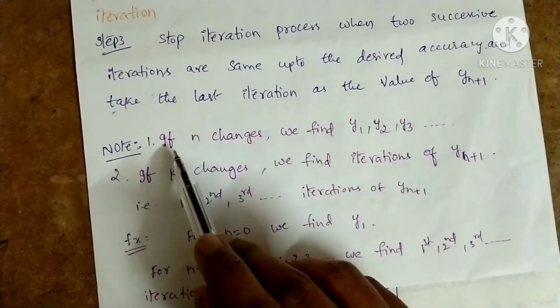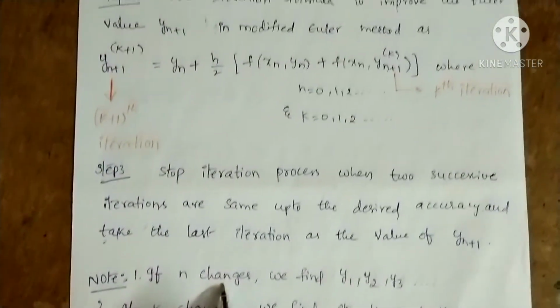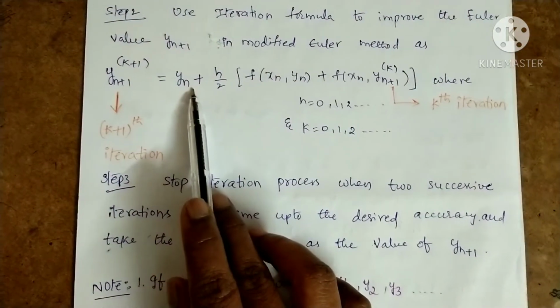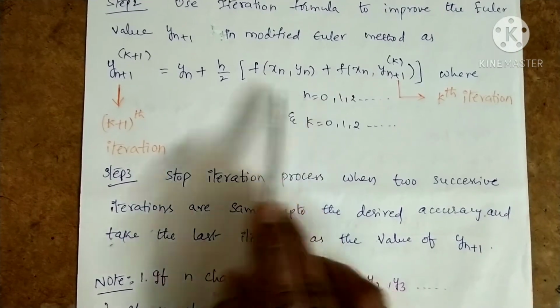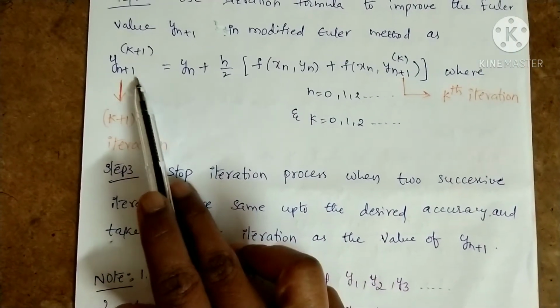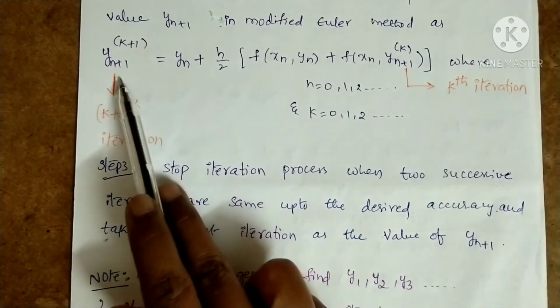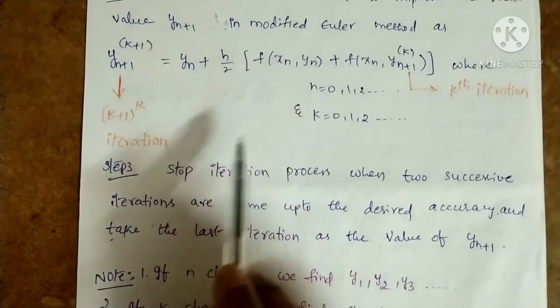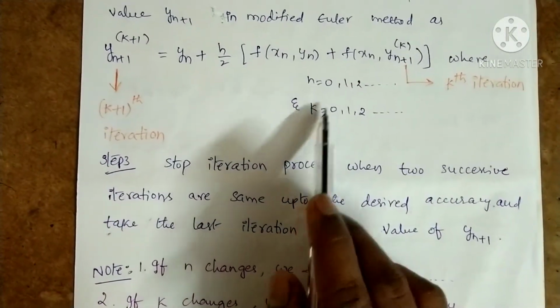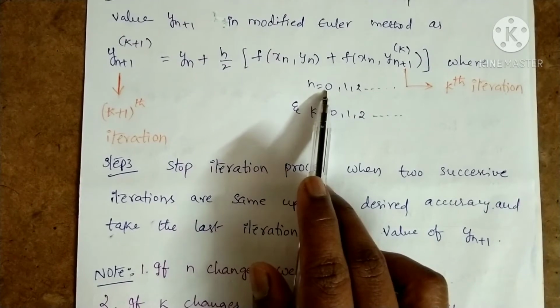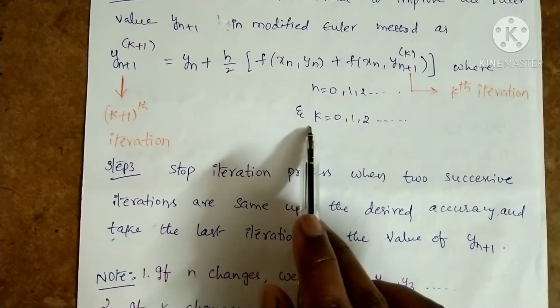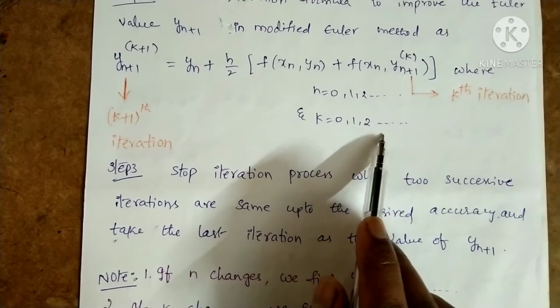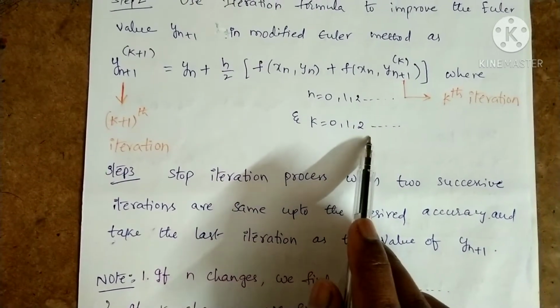We need to remember that if the n values change in this formula, then we are finding different y values. If n equal to 0, we find y1. If n equal to 1, we find y2, and so on. And if for a particular n we change the k values, that means iterations to y are being generated.